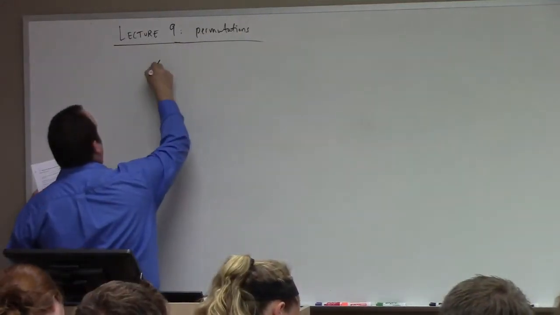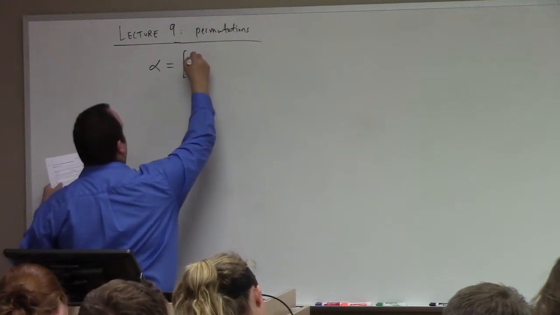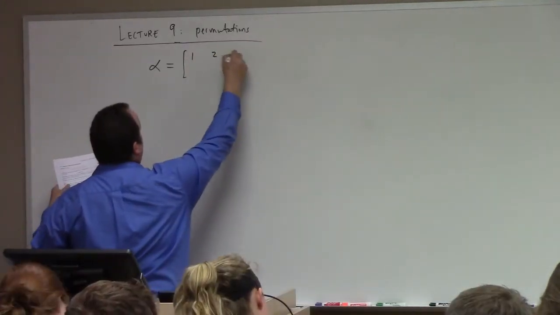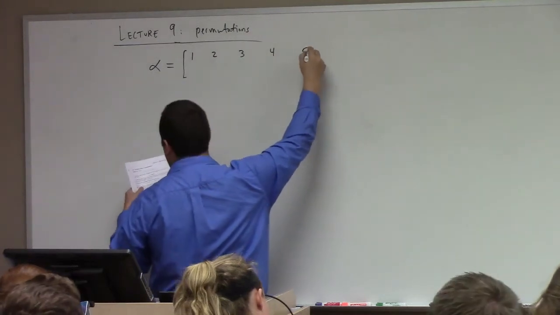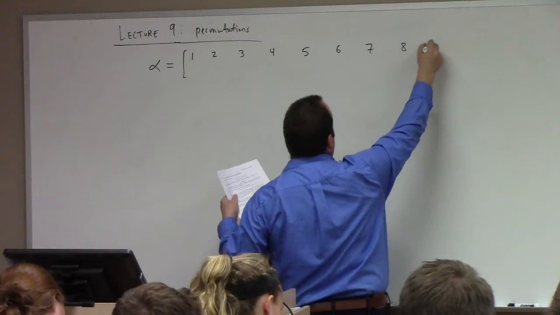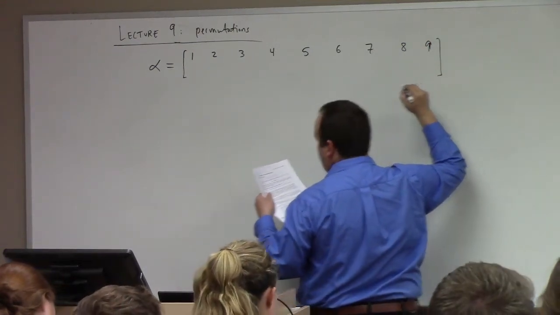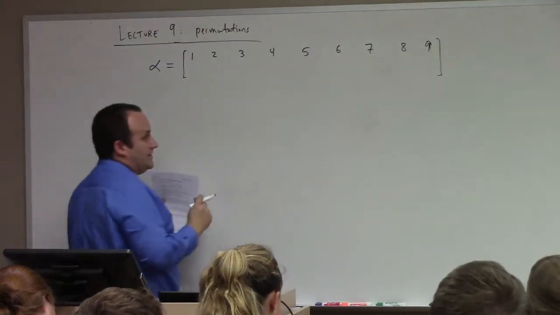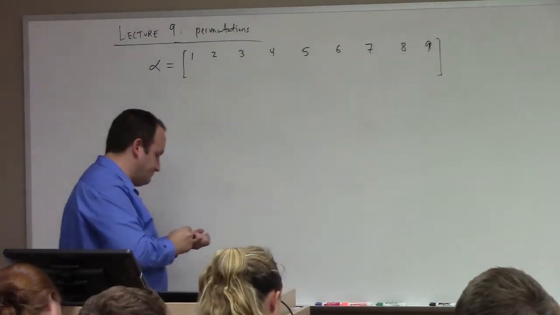So if we have this array, a permutation, I'll do it in array notation: 1, 2, 3, 4, 5, 6, 7, 8, 9. And this is something in S9, right?